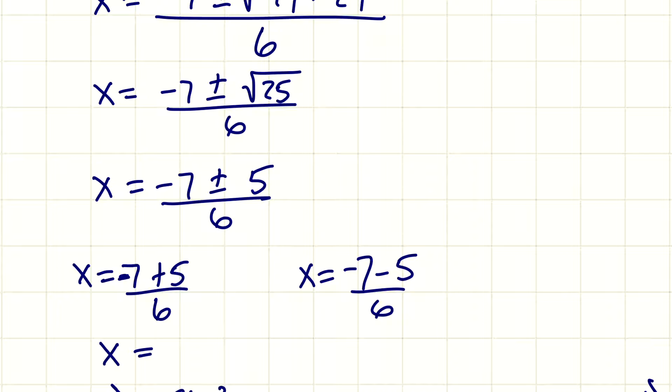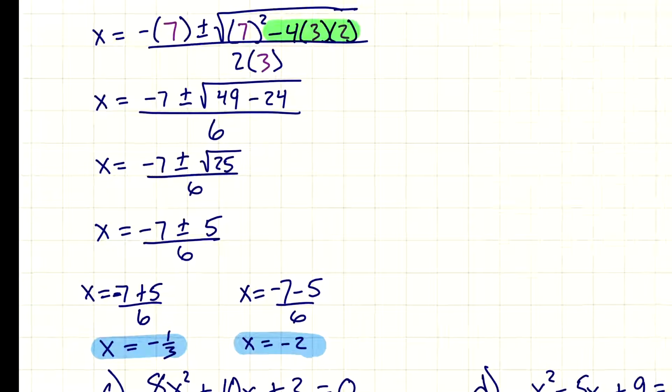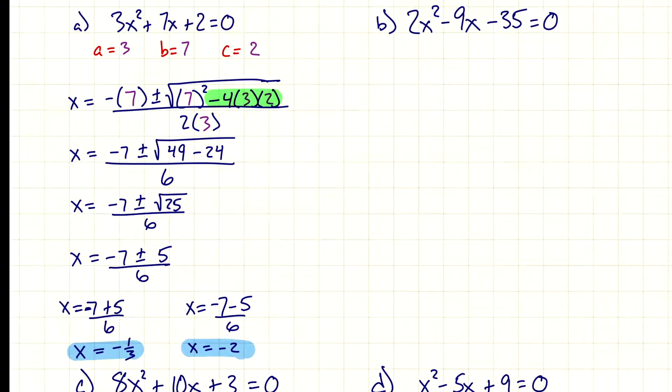So that's going to be negative 2 over 6, which is negative 1/3. And then this one is going to be negative 12 over 6, which is negative 2. All right, so negative 1/3 and negative 2. Those are our two answers for that one.